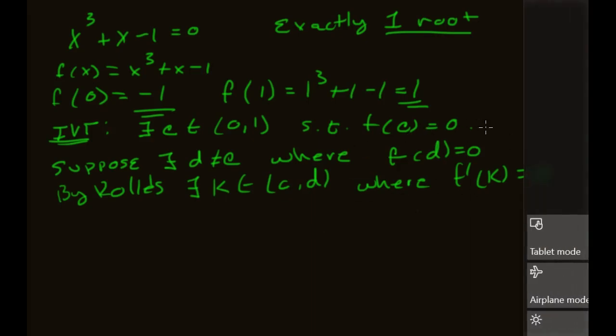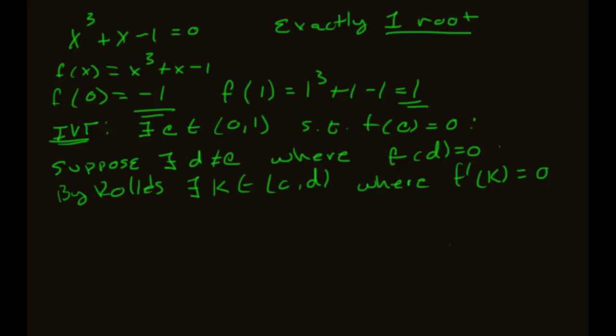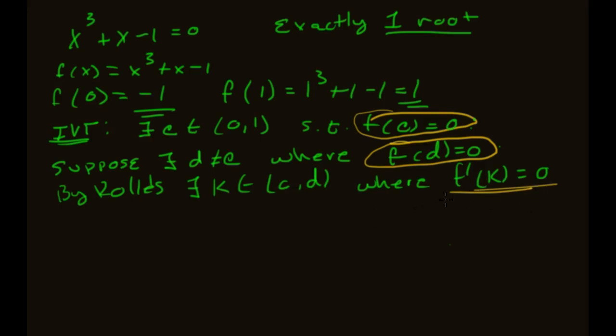Because, see, these are both equal to 0. So this says that f is equal to 0 at C, f is equal to 0 at D, which means that f of C and f of D are equal, which means that on the interval between them, there has to be a point where the derivative is equal to 0. And so we just proved that a minute ago in Rolle's theorem.